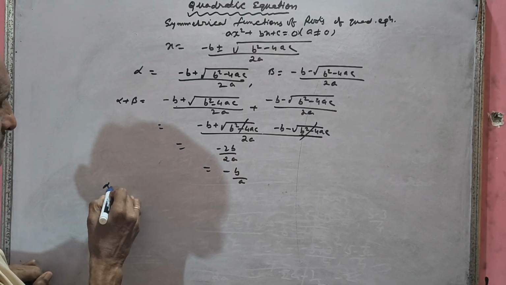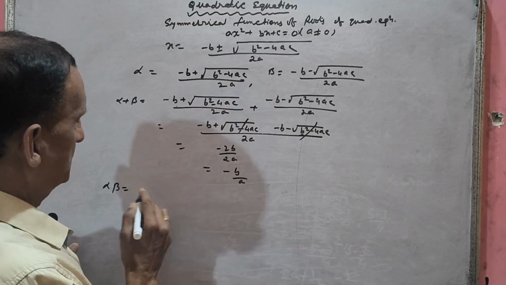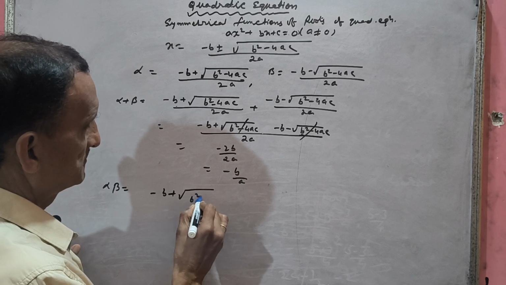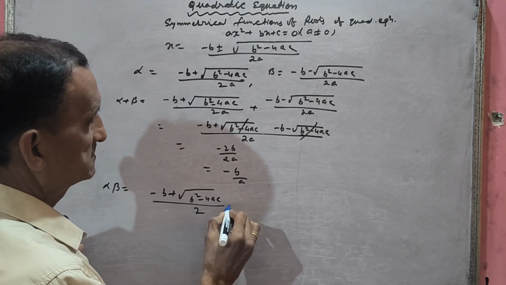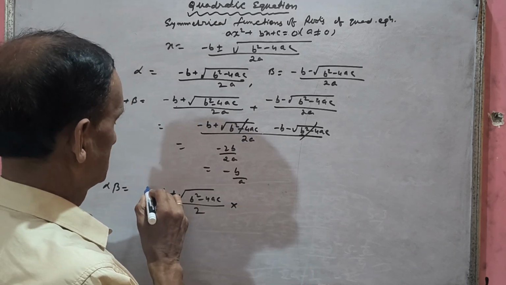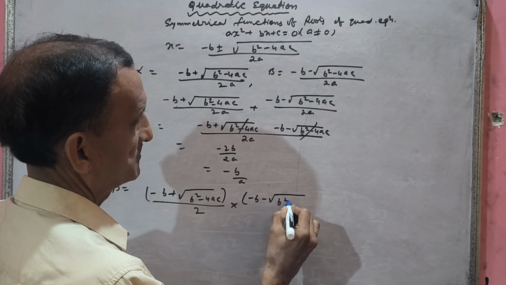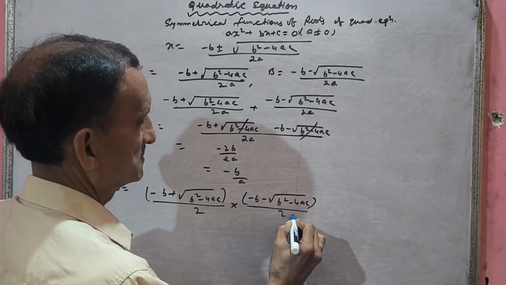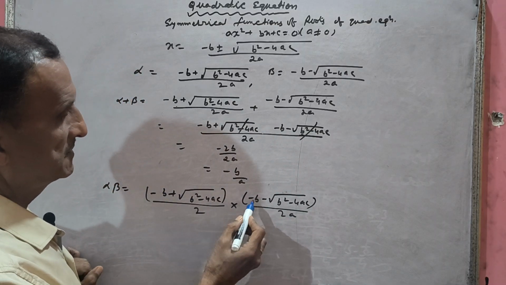Now we will try to find the product of roots. The roots are alpha into beta, so minus b plus under root b square minus 4ac by twice a, into, in brackets, minus b minus under root b square minus 4ac by twice a. See, very clear. It is in the form of a plus b into a minus b.